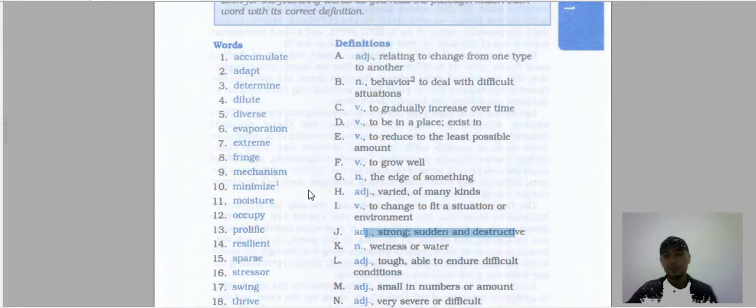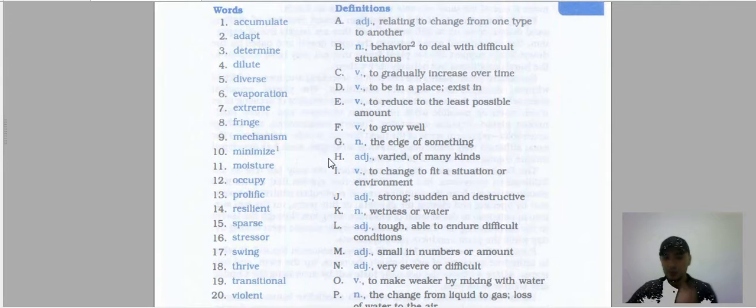And mechanism, everything has got a mechanism, right? In this passage, you can find the synonym of mechanism as behavior. This one has to do with difficult situations, mechanism. And minimize, that means to reduce to the least possible amount.